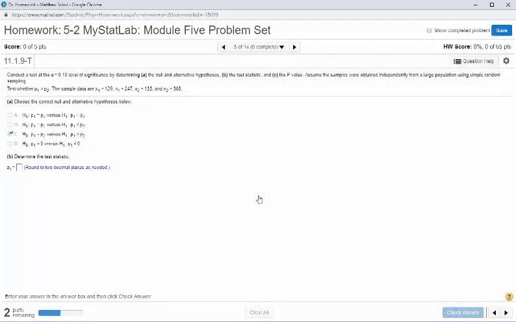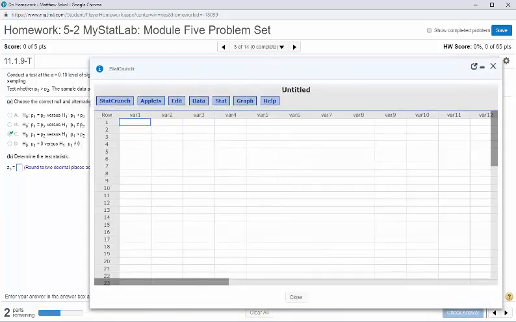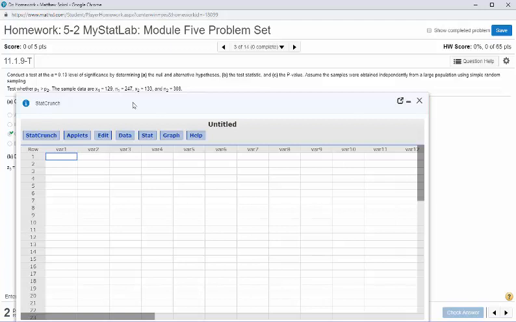All right, the next thing says determine the test statistic. And what it has here is all your sample data. So we'll want to use StatCrunch very easily for this. So let's go load up our StatCrunch, as we have been doing. If you look here, they give you the sample data.